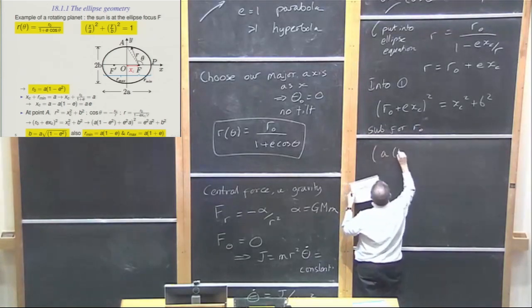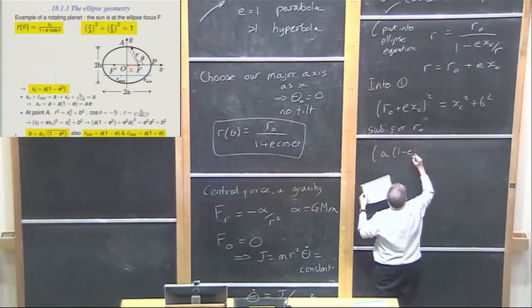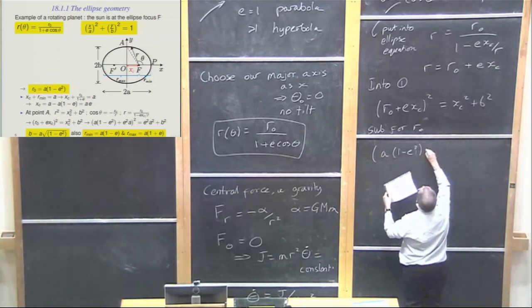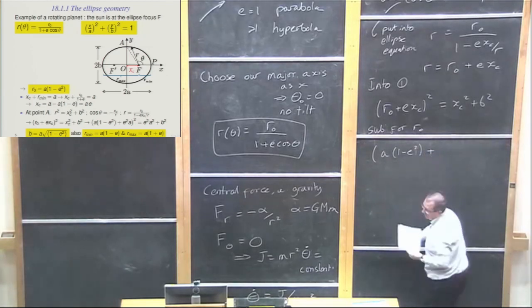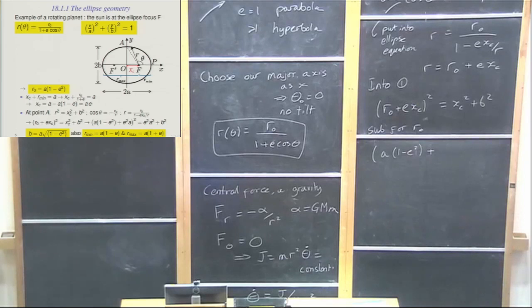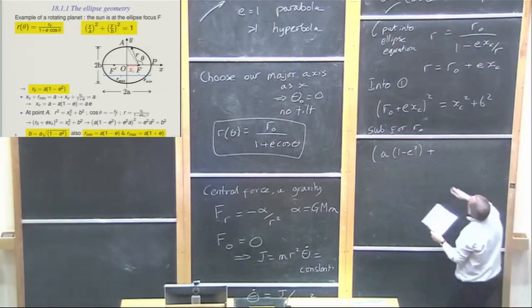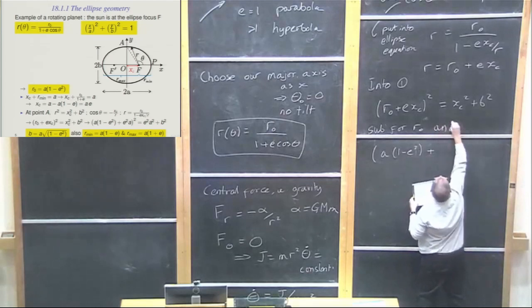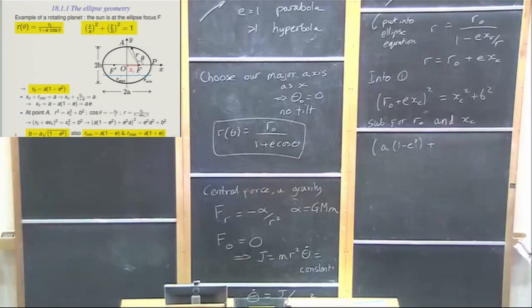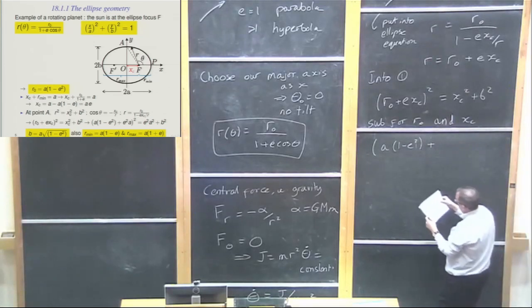And so we get a(1 minus e squared) plus, not only for r0, we can also substitute for xc. We have this expression for xc. So I'm going to try and eliminate this and get to something which just relates a, b, and e. So what do we got?